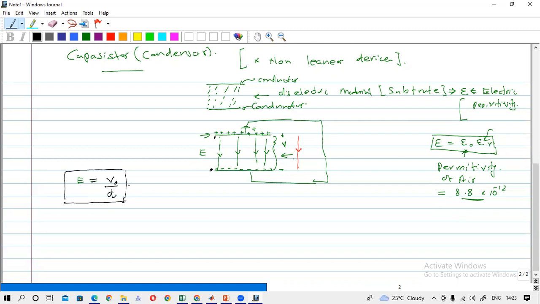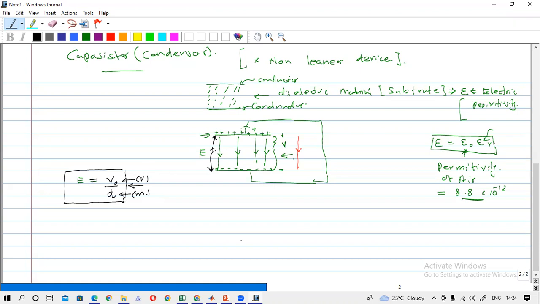You better remember this one: E is equal to V divided by D, where D is the distance between the two plates, measured in meters, and V is measured in volts.